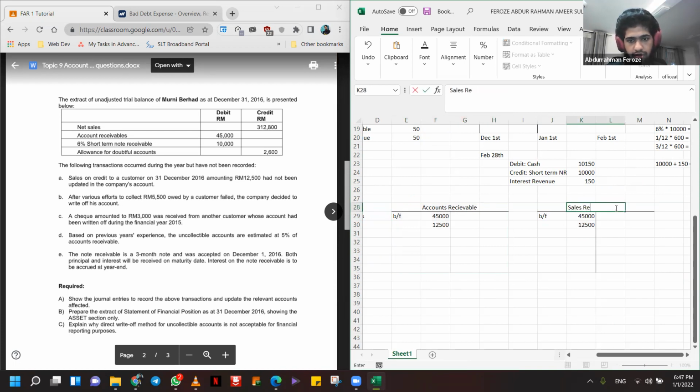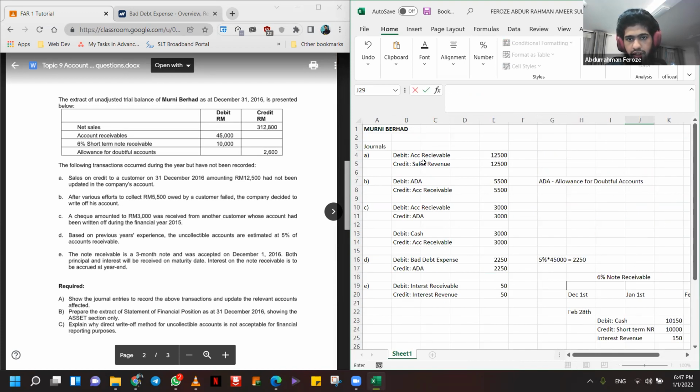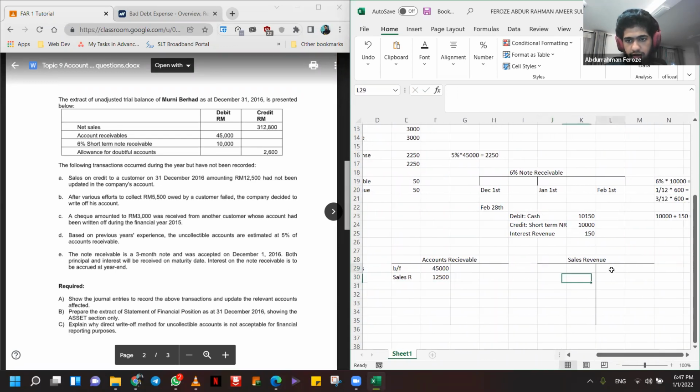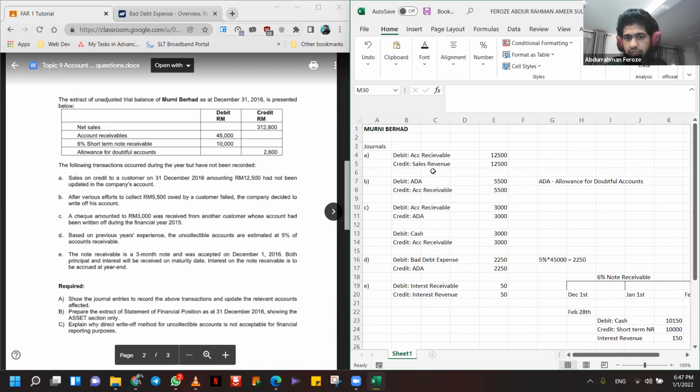We would credit 12,500 to sales revenue under accounts receivable. Okay, that is for the first journal.